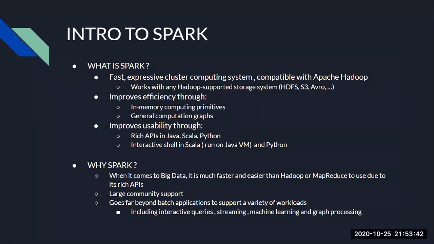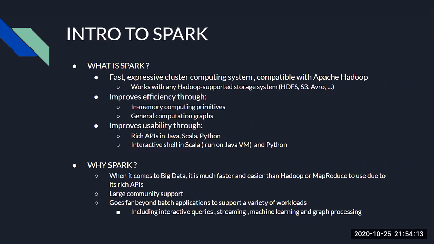So what is Spark? It's a fast, expressive cluster compute system and it's compatible with Hadoop. In some system designs, you can install Hadoop and Spark at the same time. You can have the Hadoop stack of technologies on one side to run Hive and Impala queries, and Spark on the other side to run workloads like machine learning and big data processing.